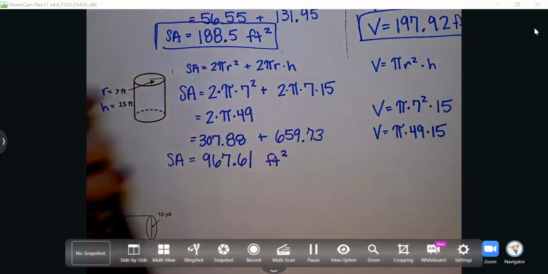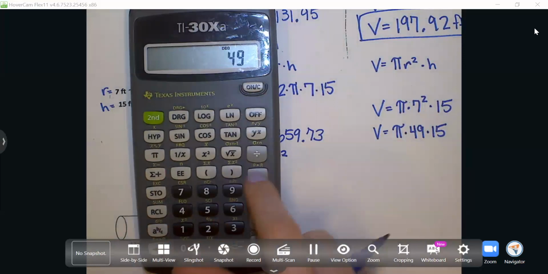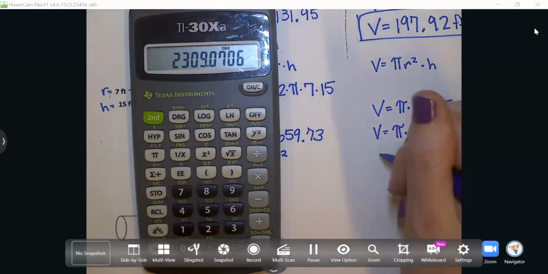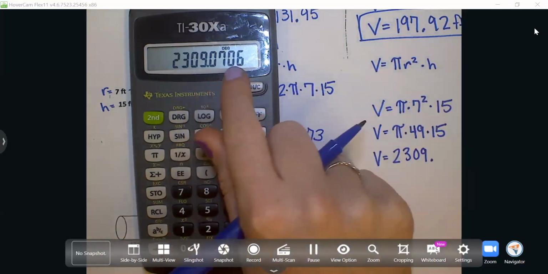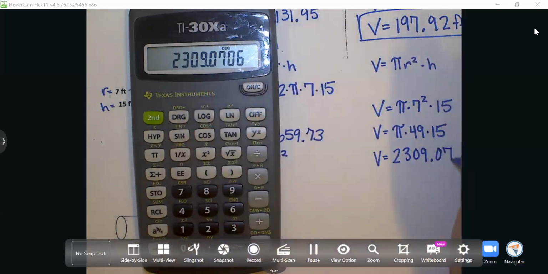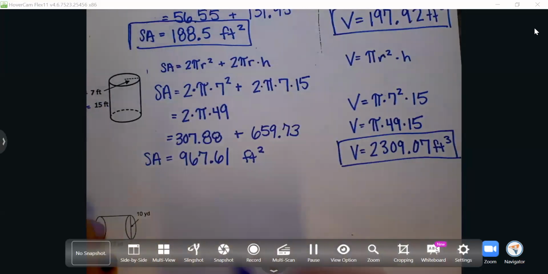And when I plug that in my calculator, pi times 49 times 15, I get a volume of 2,309.070. So that 7 stays the same, feet cubed. That is surface area and volume.